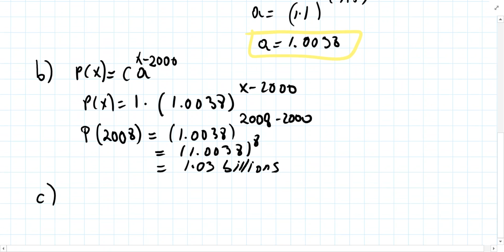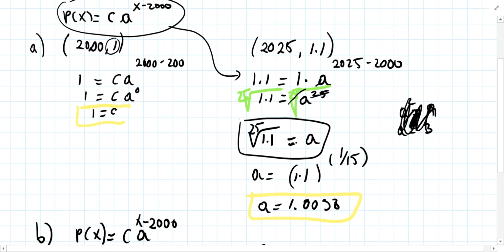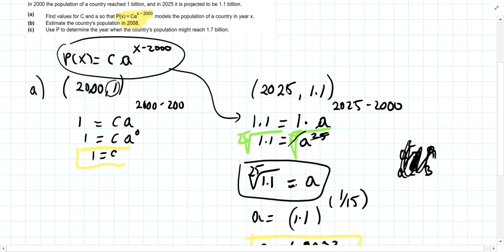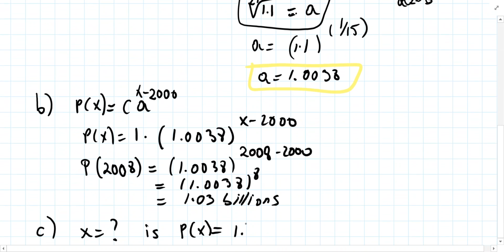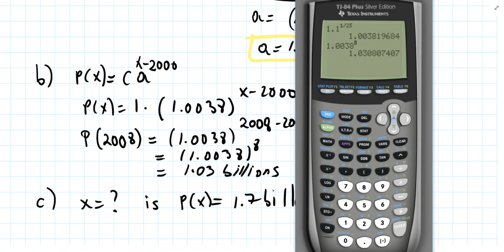And then for the last part, use P, so use the formula to determine the year when the country's population might reach 1.7. So basically here is where we have to find X. For what X is P of X, the population, 1.7 billion? So this again is going to be solved, since we're solving for X and X is an exponent. To solve it algebraically, we would need logarithms, but to solve it graphically, we can just graph these things.